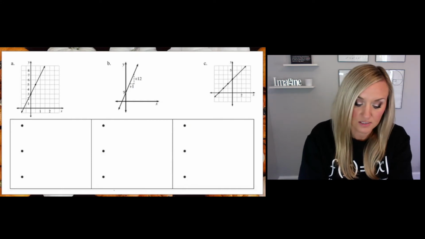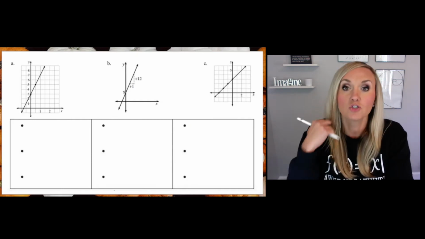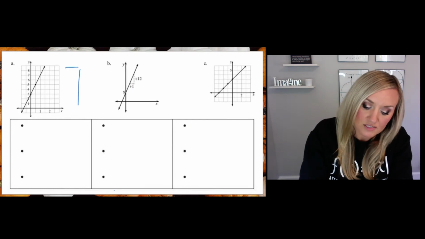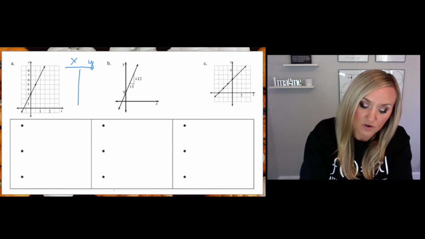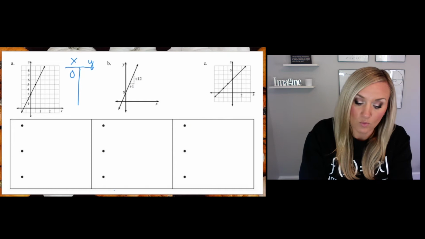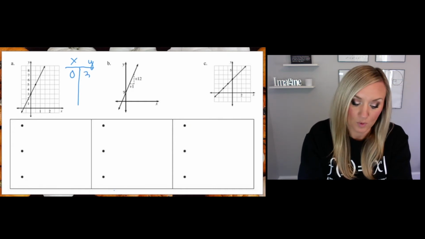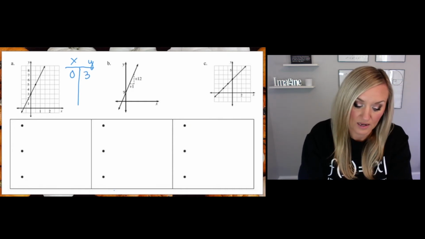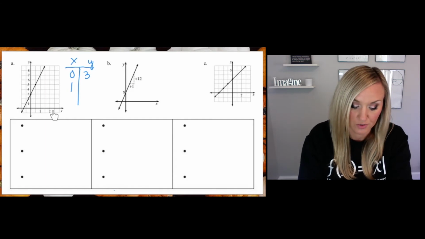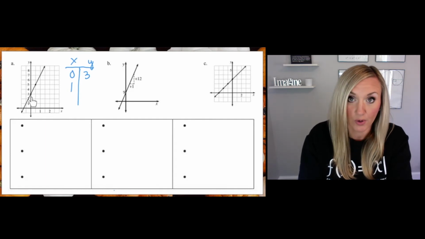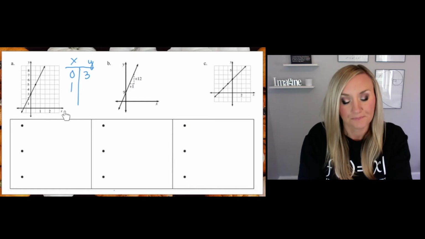And if that didn't come right away, let's go ahead and just make a table. So off to the side, we can create a table of our x and y values. And when x is 0, y is 3. When x is 1, and I'll go ahead and show this to you. When x is 0, y is 3. When our x is 1, our y is 7.